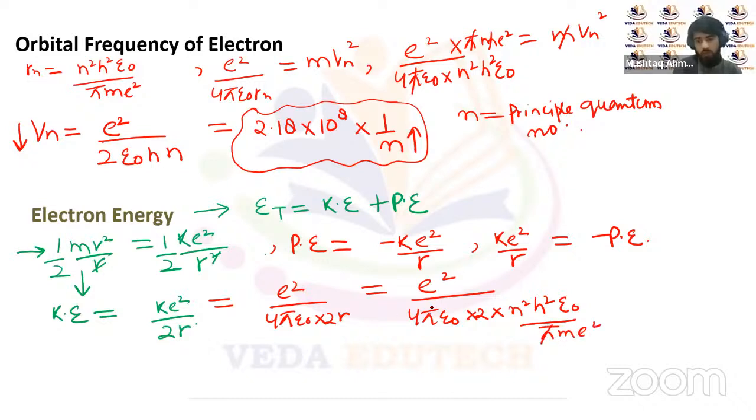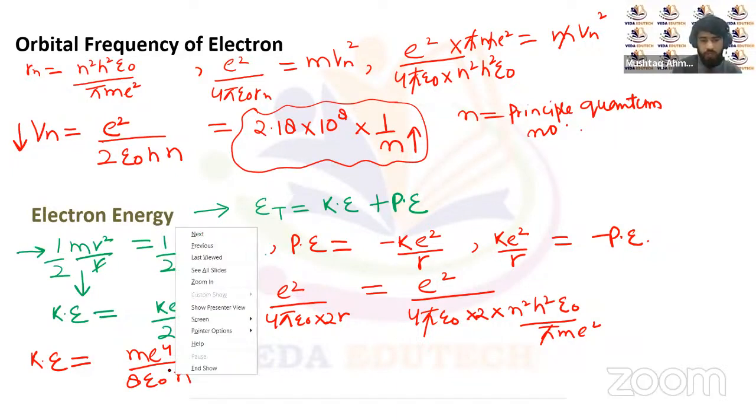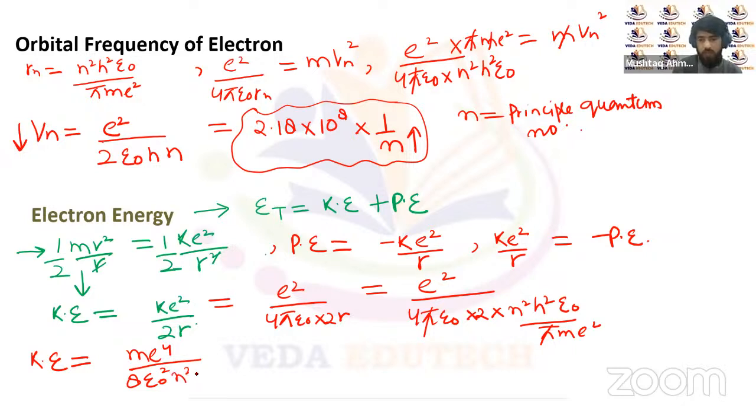Pi and pi will get cancelled, so we'll be left with the kinetic energy equal to me to the power 4 upon 8 epsilon naught square n square h square. This will be the kinetic energy.